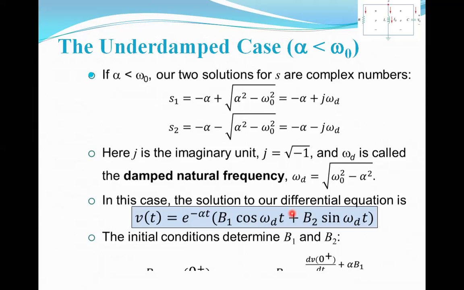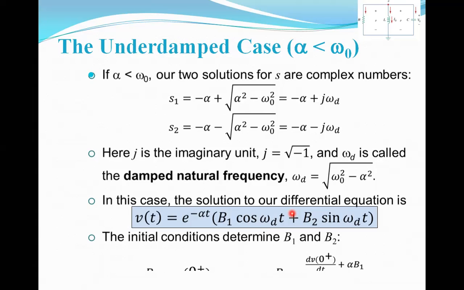Similarly, S2 is equal to minus alpha minus j omega d. Here j is an imaginary unit, j squared is equal to minus 1, and omega d is called the damped natural frequency. So omega d is equal to the square root of omega naught squared minus alpha squared.